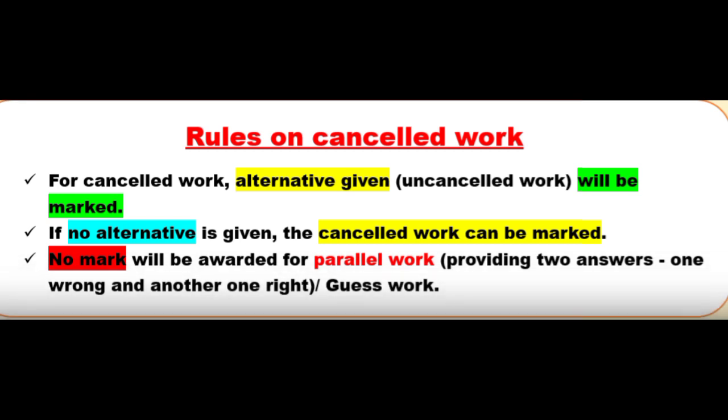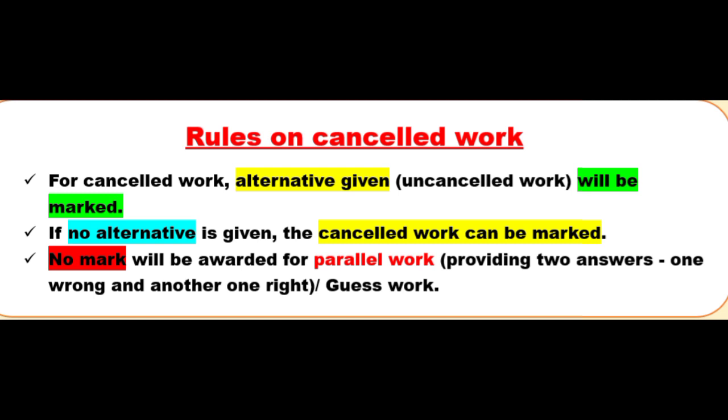Rules on cancelled work. How do you deal with cancelled work? For example, you have done some work, then you realize you made an error, or you're not sure of that work, you have cancelled, maybe with one line. So if you give an alternative, the alternative will be marked. And the alternative is the uncancelled work. Let's say you have done two parallel work here.